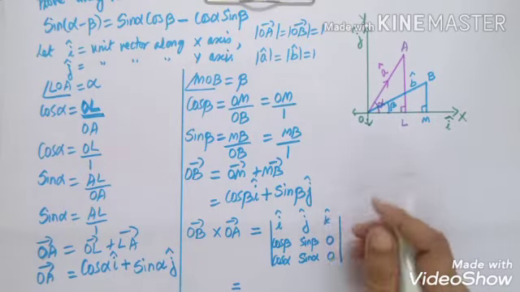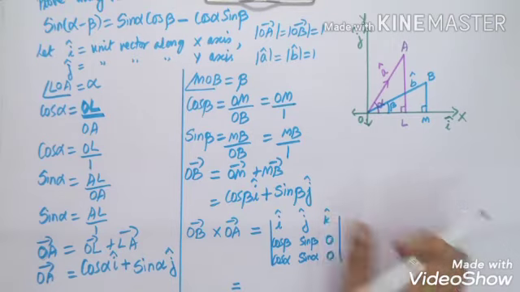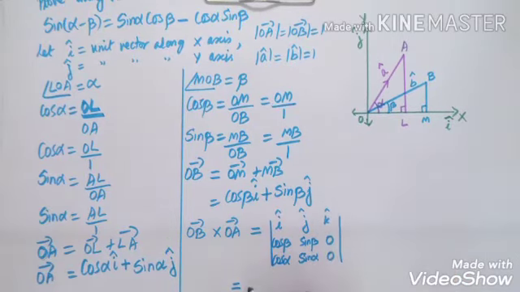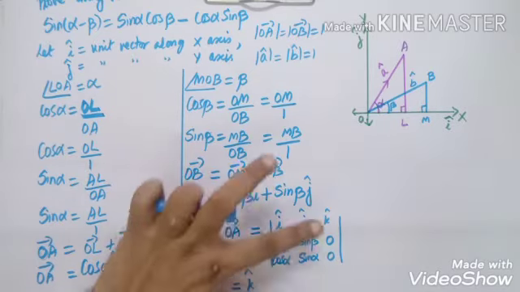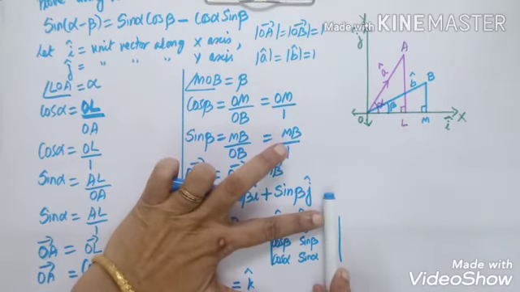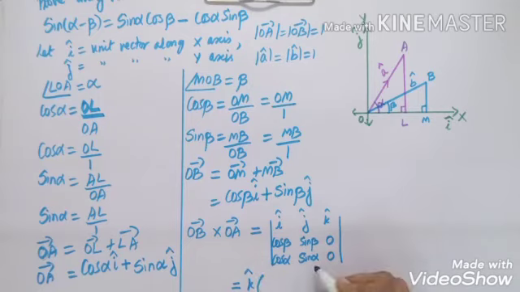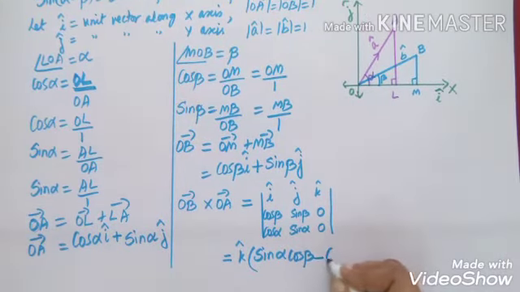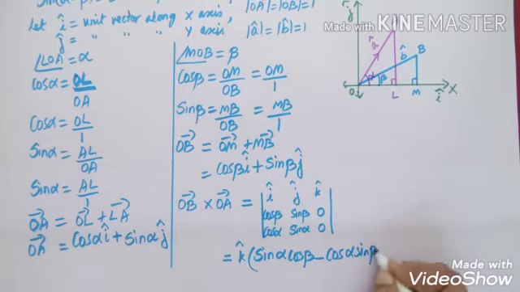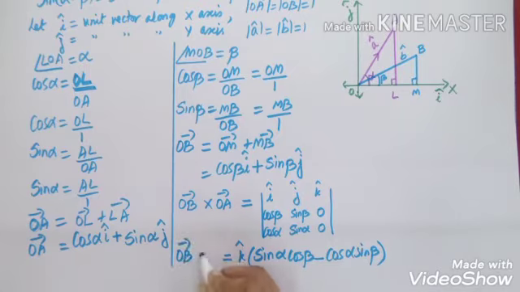So let me expand through the third column. The third column says k vector into, hide the row, hide the column. I am left with sin alpha cos beta, cos alpha sin beta. So how will I write it? Sin alpha cos beta minus cos alpha sin beta into k vector. This is the answer for OB cross OA.